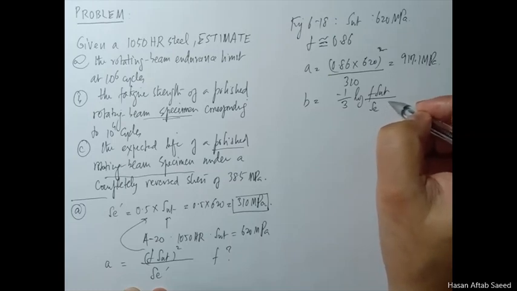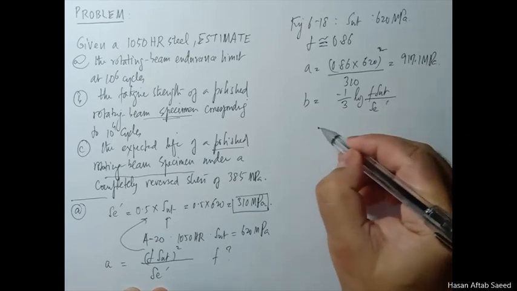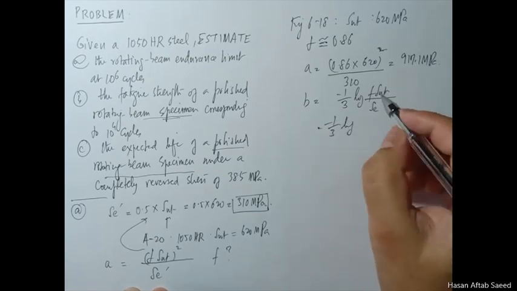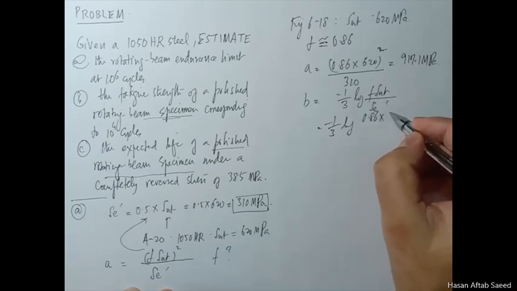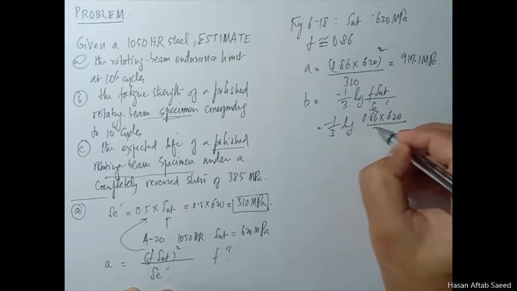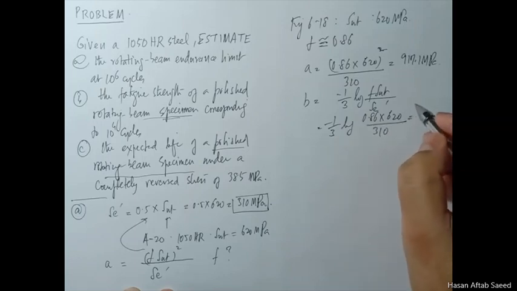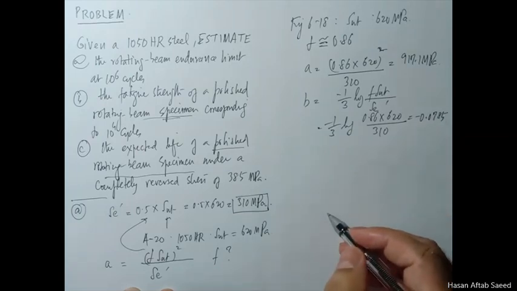Again we write SE prime here, minus 1 over 3 log of 0.86 into 620 over 310, and this is minus 0.0785.